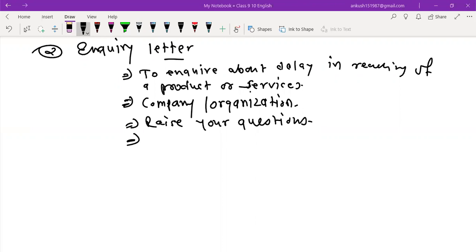Placing an order is different, and whenever you are writing about getting that order, let's say you have placed the order for 15 days, and the service provider told you that within 7 days the consignment would reach you, but it did not reach you, till 15 days have passed.